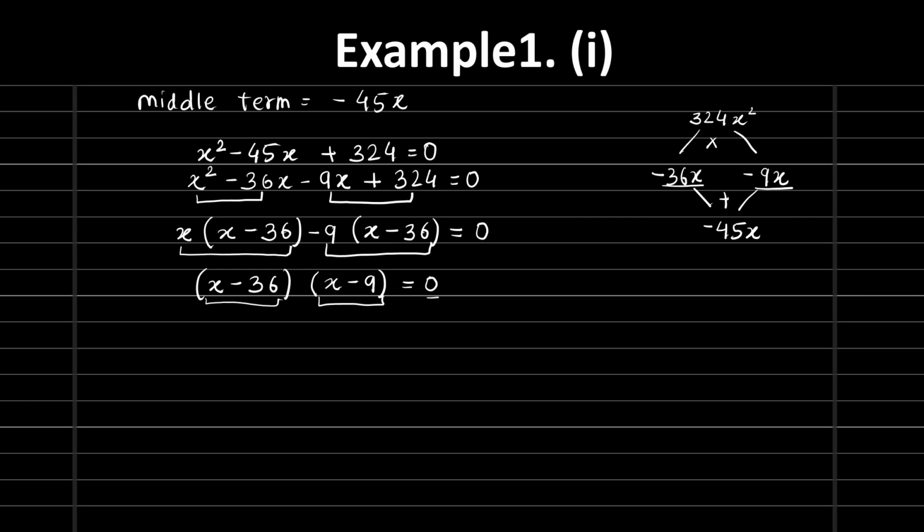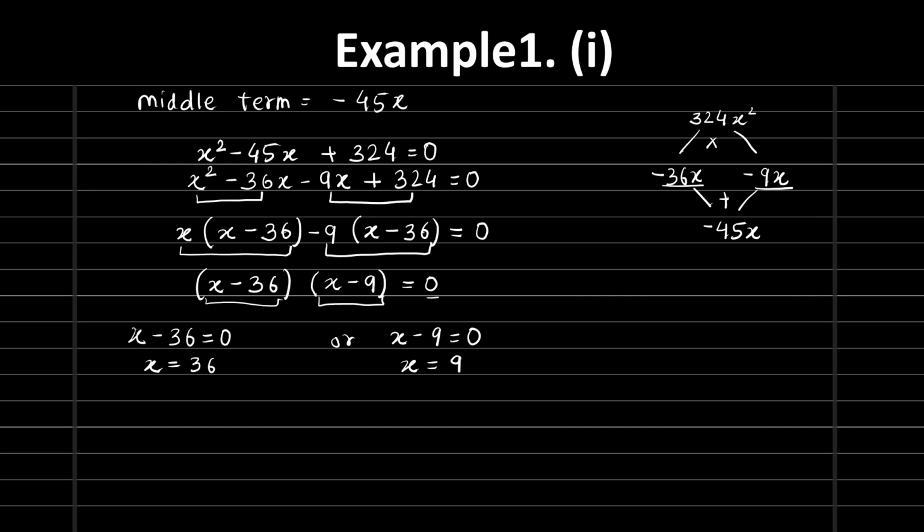So we start with X minus 36 equal to 0. If we equate this, we get the X value as 36, or the other case is X minus 9 equal to 0, so here we get the value of X as 9.